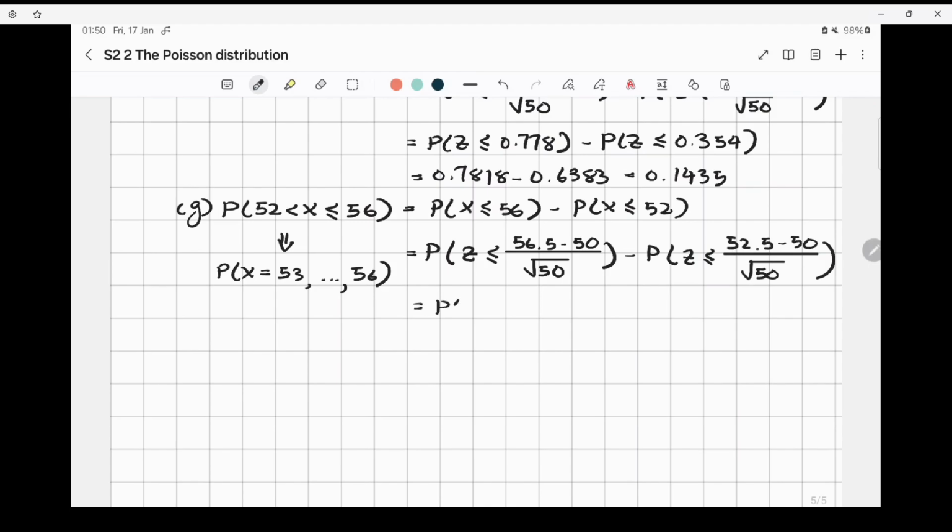So you have P(Z ≤ 0.919) minus P(Z ≤ 0.354). So this is 1826.